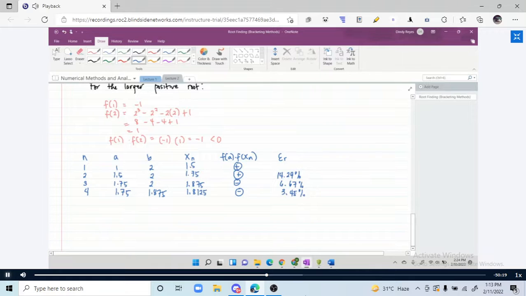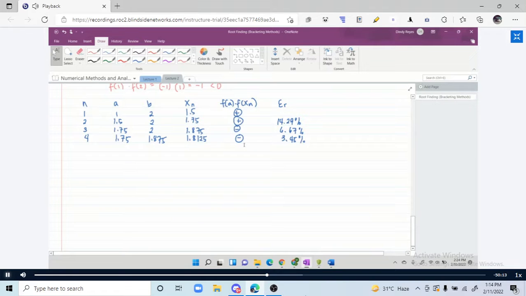3.45%. Okay? So for the fifth iteration, since we have a negative sign in this column, we change the value of B. So 1.75 pa rin si A. B is now 1.8125. Okay, what is X sub N?